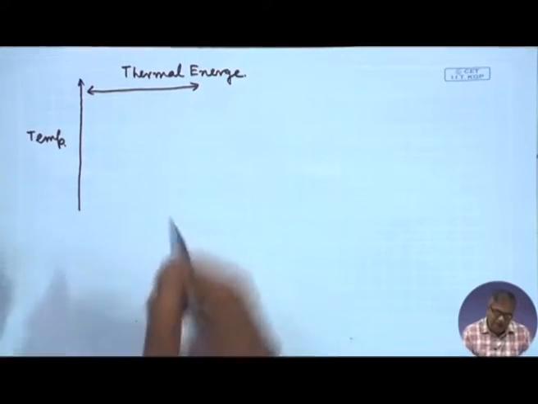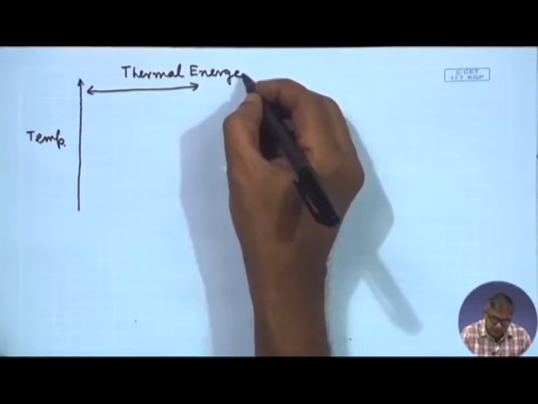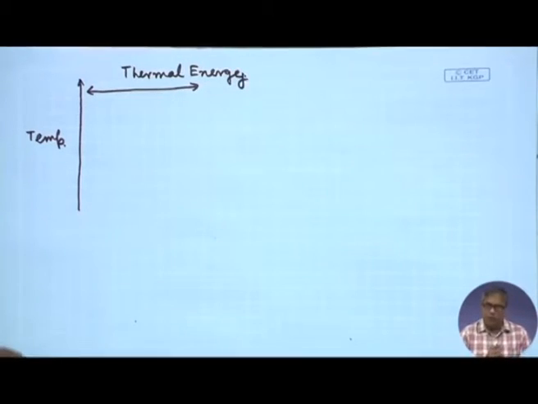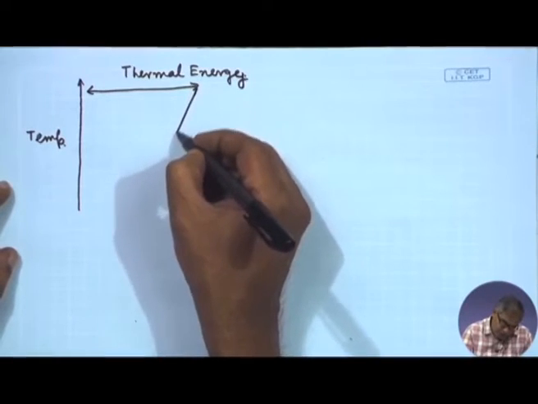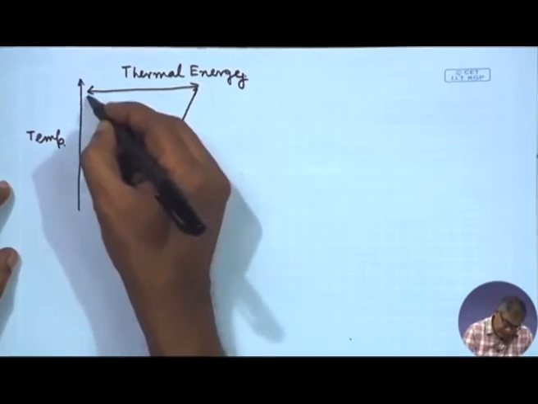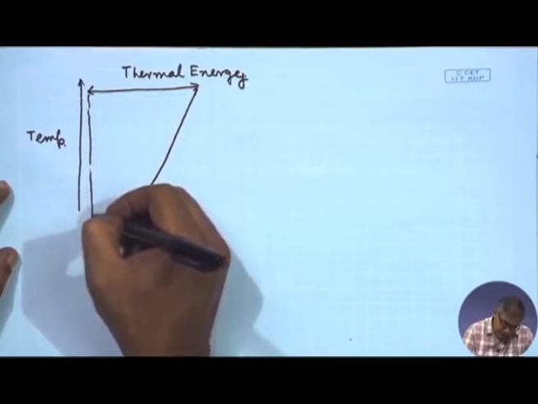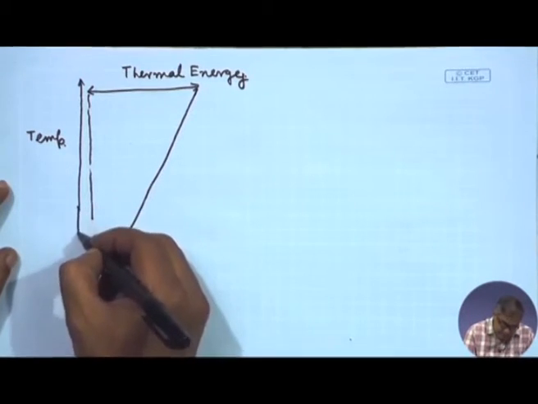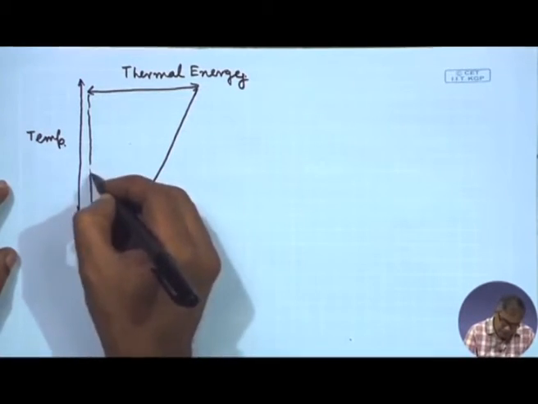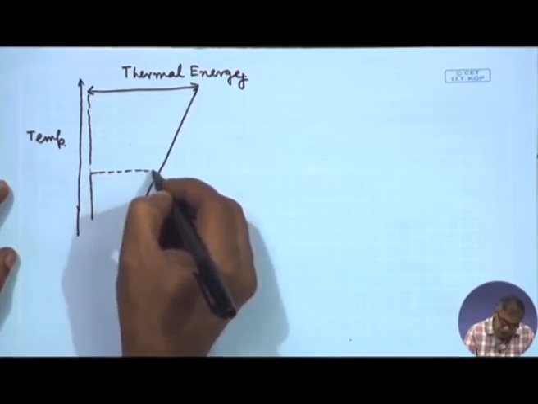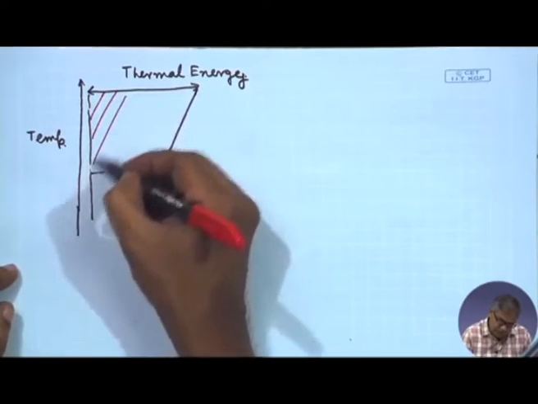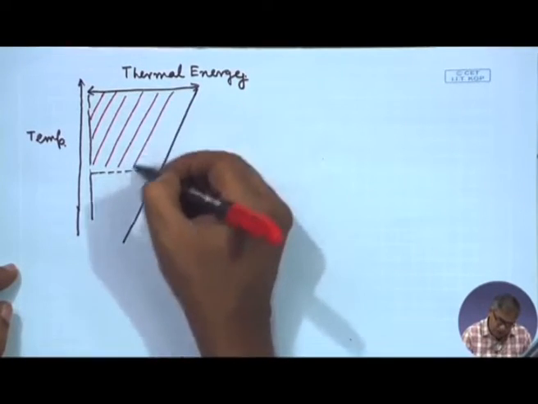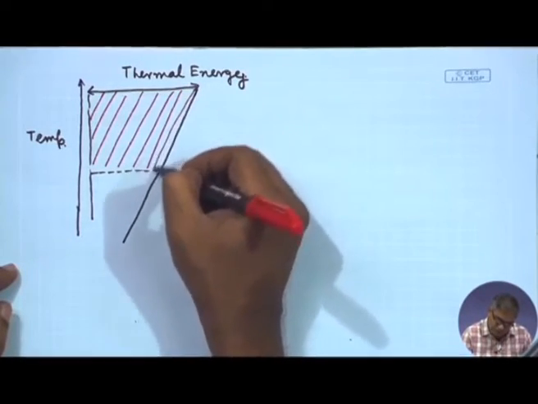Now, as thermal energy flows from high temperature to low temperature, the amount of energy will reduce, something like this. And the idea is that if we end somewhere over here, then we will get only this much of energy and we can convert it into useful work.